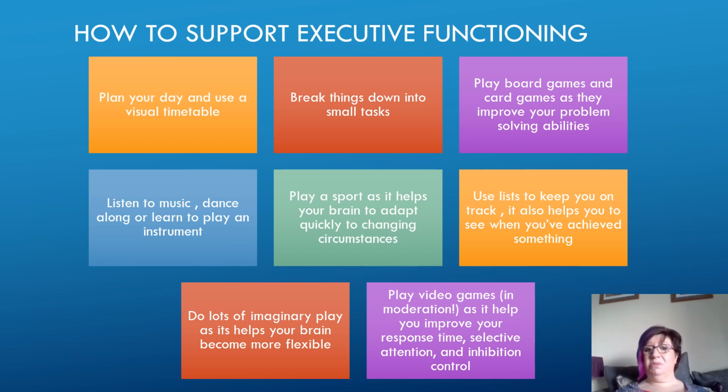Mum and Dad want him to be able to do it. He's 15, he should be able to do it. Well, yeah, he's 15. But his executive functioning, he finds this incredibly difficult. So that's what we've had to do. I've had one of my colleagues looking at his digital timetable with him, to look at what needs to be achieved by when, and on what day he needs to do subjects.